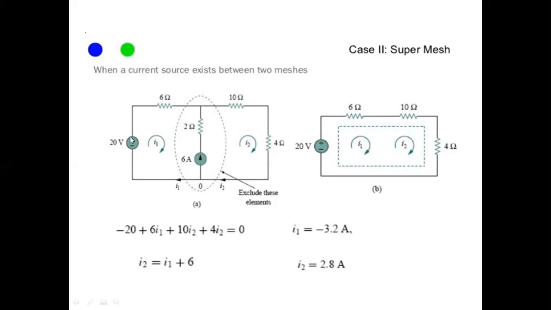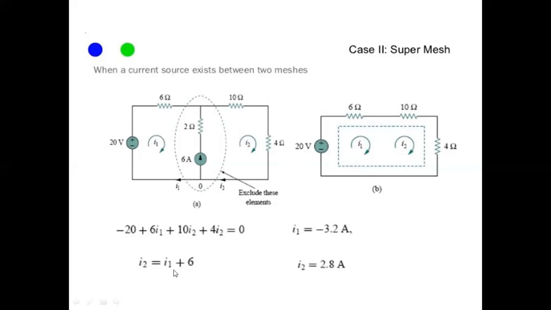So you have to develop another equation with this excluded branch. What will that be? Look here, I1 is coming from upward to downward, I2 is downward to upward, so we can say I2 minus I1. What is the resultant current for this section? This is 6 amperes.